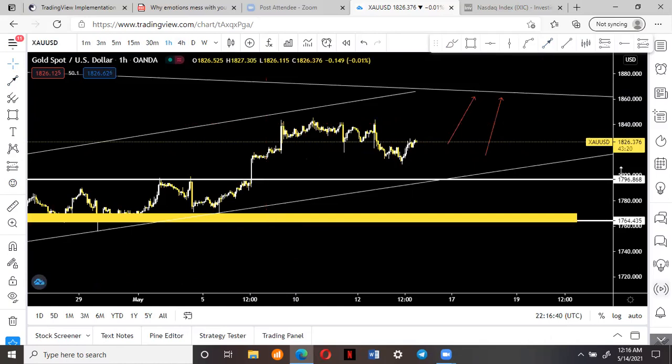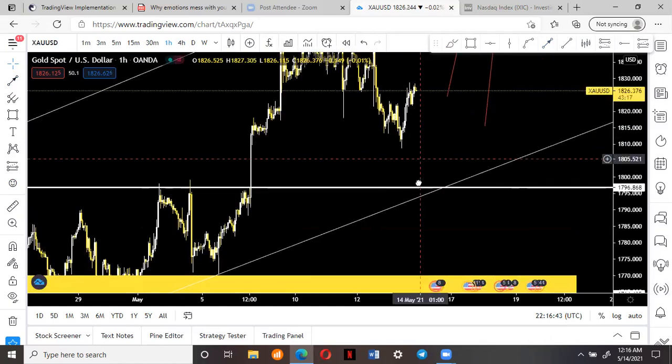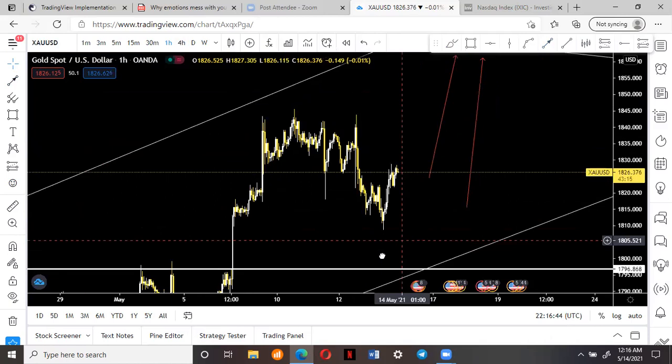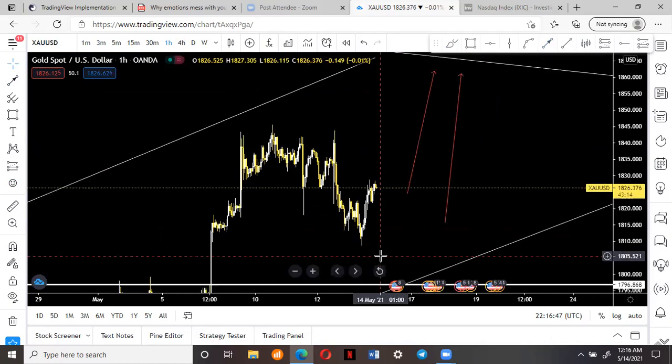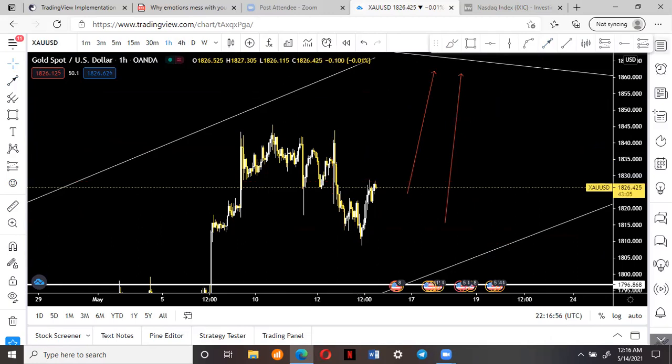Now the thing with gold is that it doesn't move alone. You can use other tools to confirm it. You can use AUD/USD, the Australian dollar versus the USD, or the USD Swiss franc, to confirm it. I think this information is on the internet.